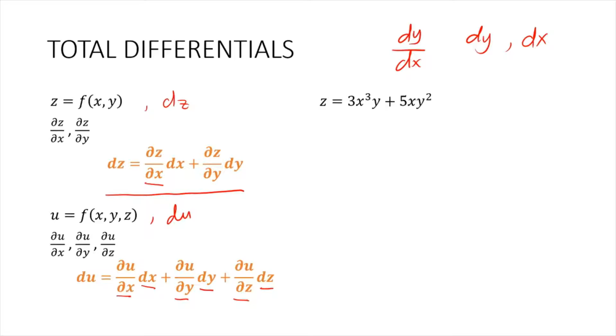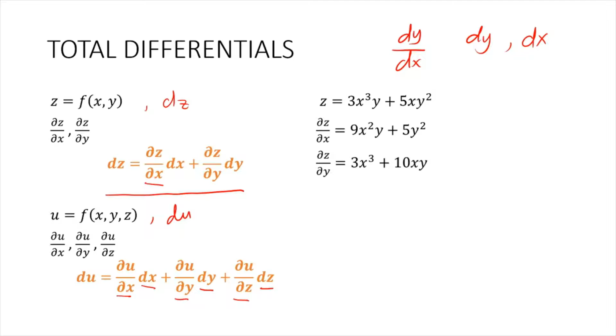So first we need the partial derivative of z with respect to x. Okay, so hold y as constant. We have here 9x squared y plus 5y squared. And then partial derivative of z with respect to y. So hold x as constant. We get 3x cubed plus 10xy.